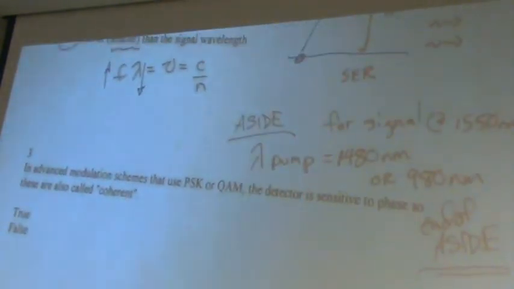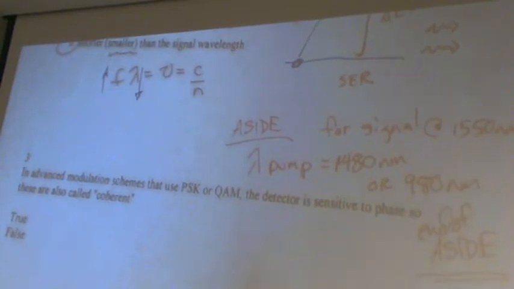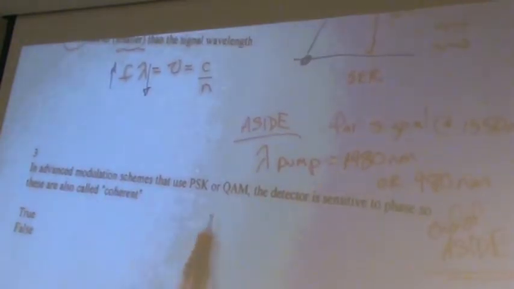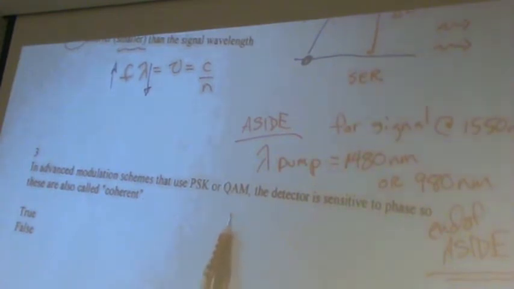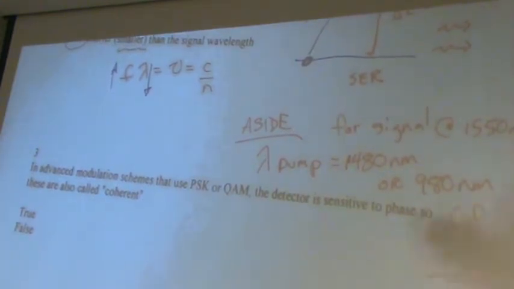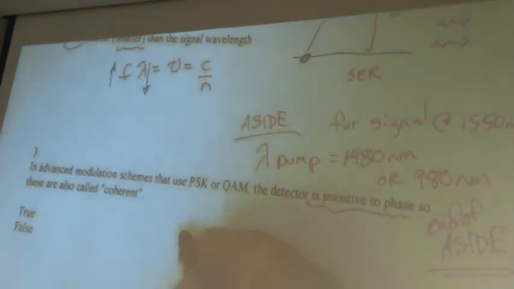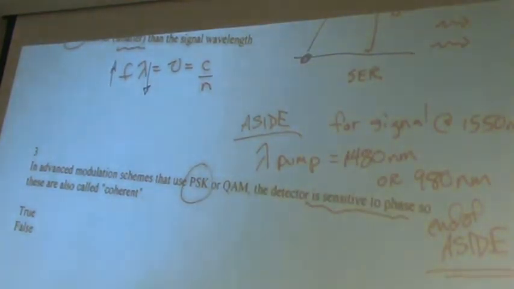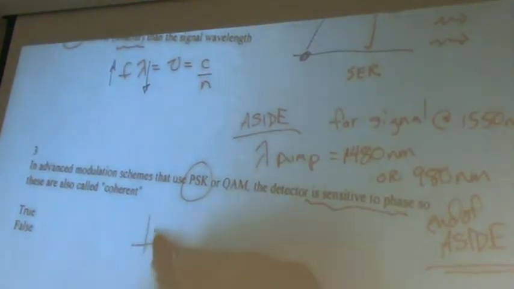Questions, comments? All right. In advanced modulation schemes that use PSK or QAM, the detector is sensitive to phase. True or false? True, right? This one has the word phase right in it. Phase shift key. I said that could be different phase shifts instead of different amplitude.